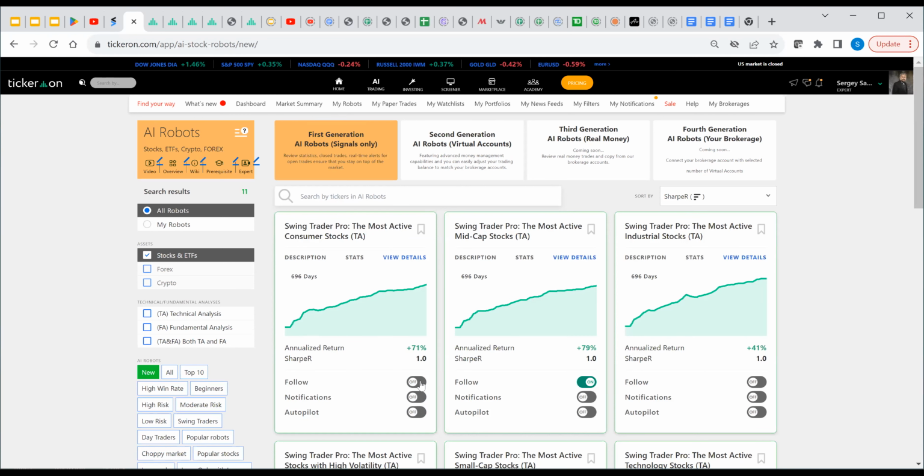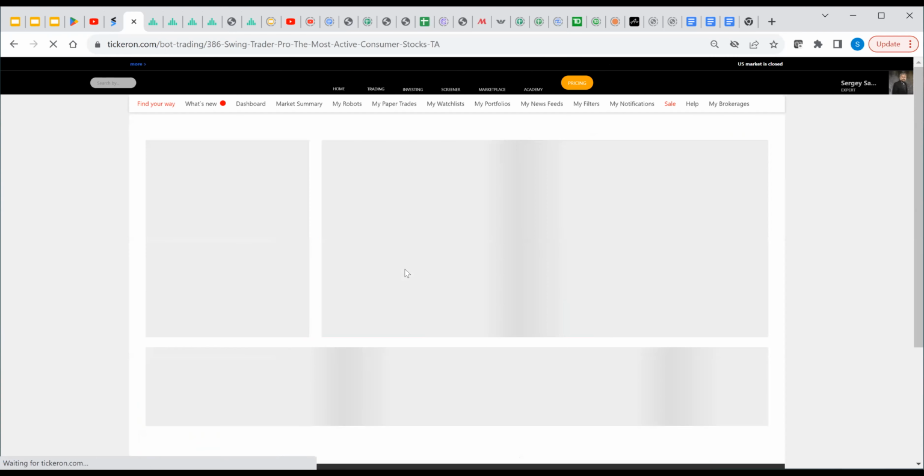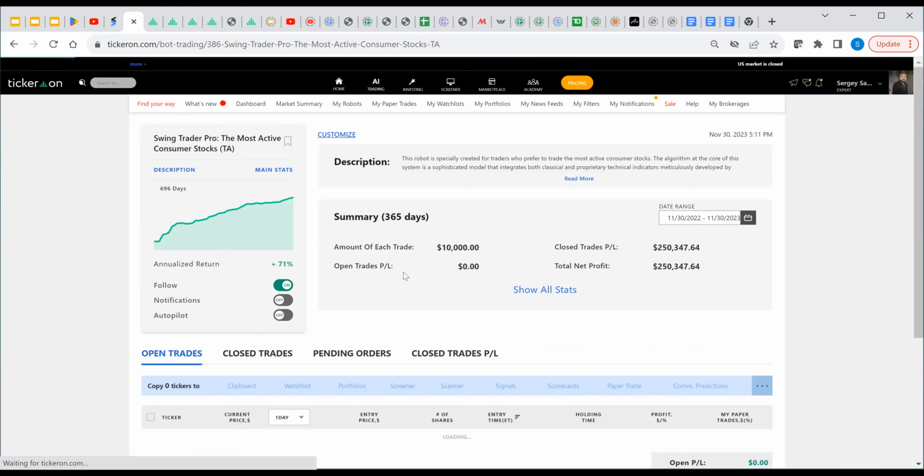And we're going to follow this one, and see if I can view the details. Okay. Now we're going to get inside of this robot. And here we have the same chart. And let me explain these things to you.